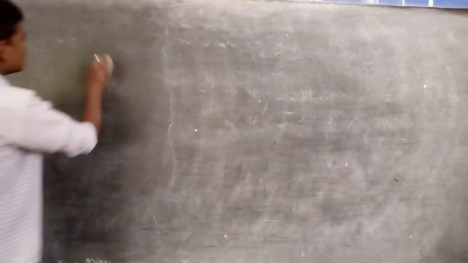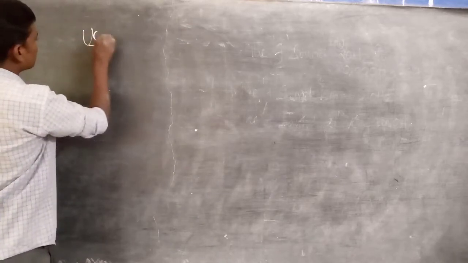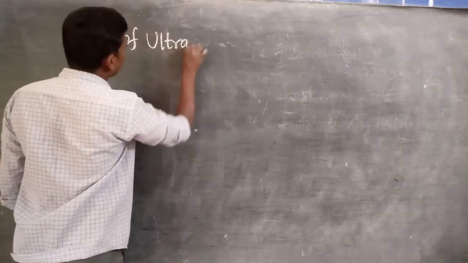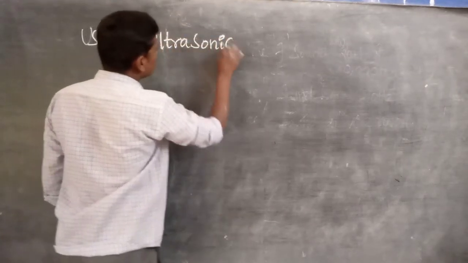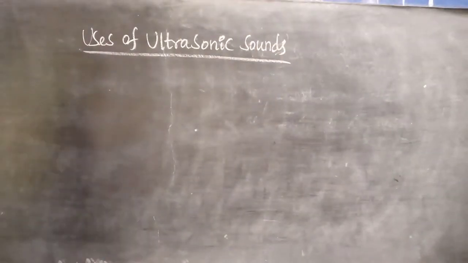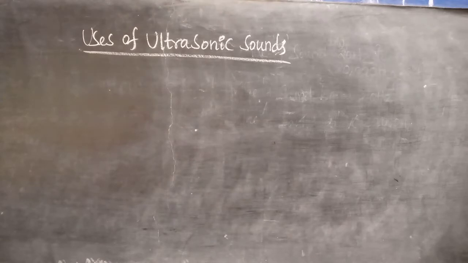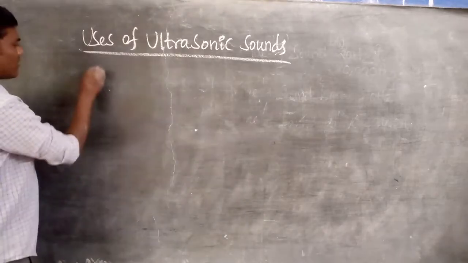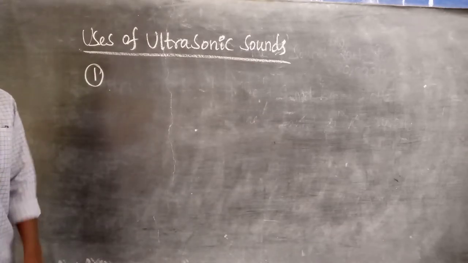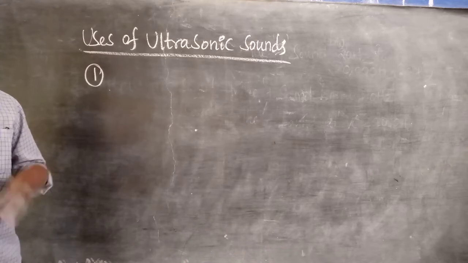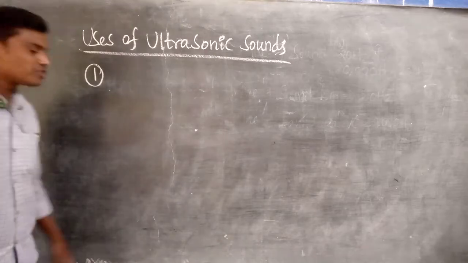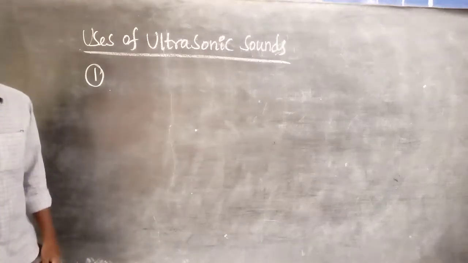Okay. Now we are discussing the uses of ultrasonic sounds. What are the uses of ultrasonic sounds? Ultrasonic sounds are widely used for various purposes, in telecommunication or navigation. Mostly we observe them in ships and also in aeroplanes.